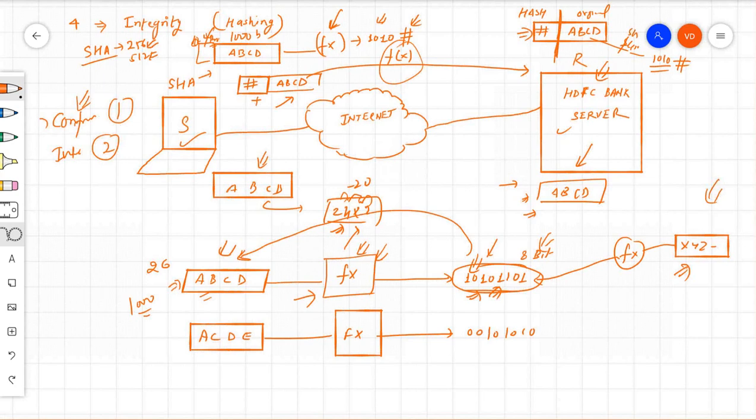I'm not sure how well versed you are with cryptocurrencies, but whatever concepts I have told you till now, everything is used there, so that their network is foolproof.